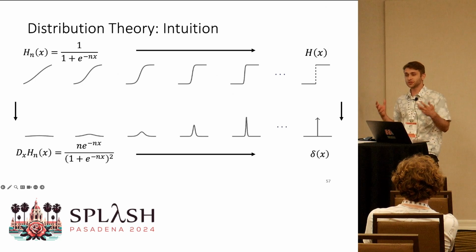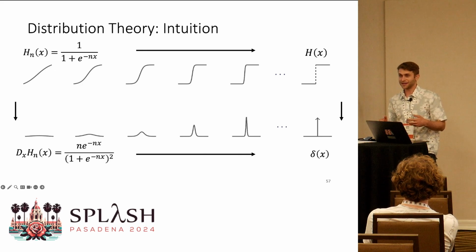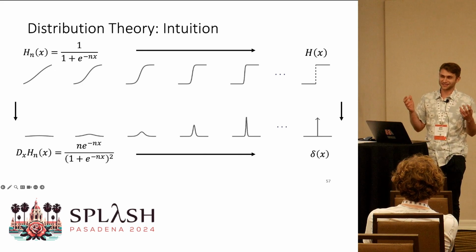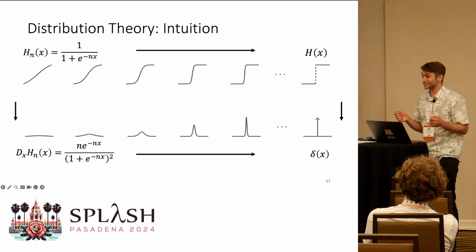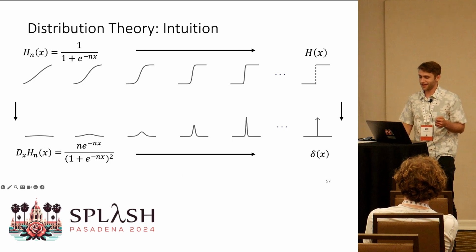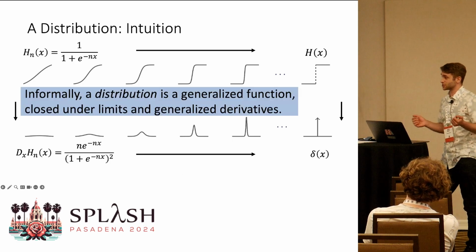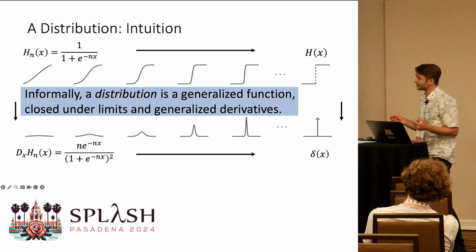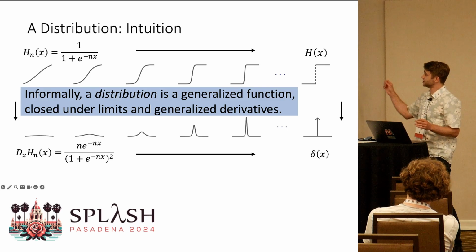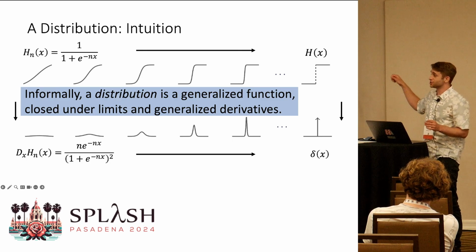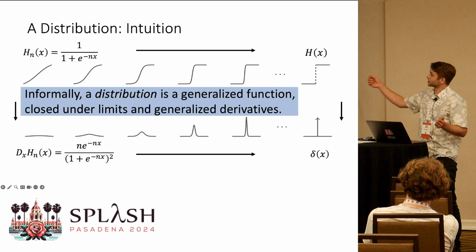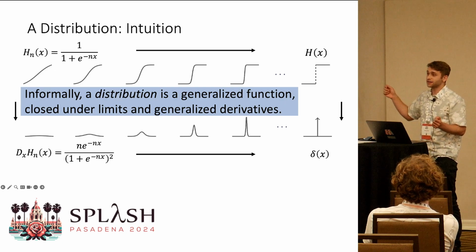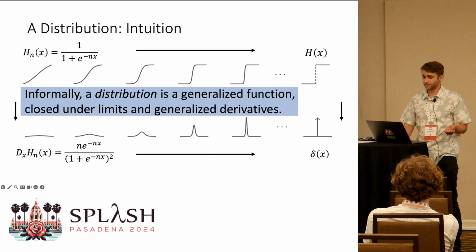So this isn't a real valued function. And there's a question, how do you make sense of this, right? So it's something else, and it's called the distribution. And we're now going to give some intuition, right? So informally, a distribution is a generalization of a function that satisfies these nice properties. It's closed under limits, and under a generalized notion of derivative.